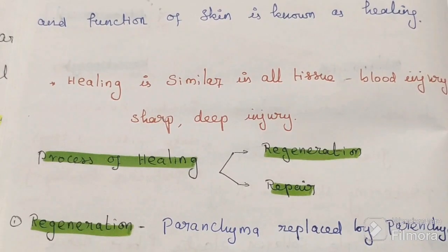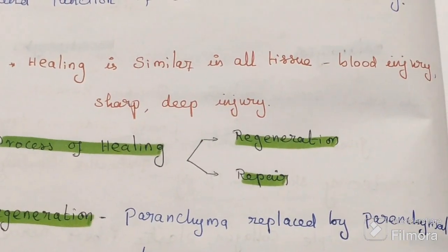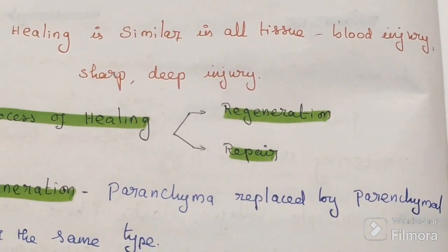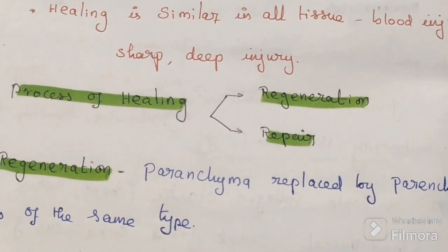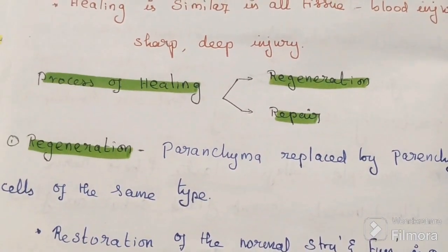Coming to healing, there are two processes of healing. One is regeneration, the second one is repair. What is the difference between repair and regeneration?